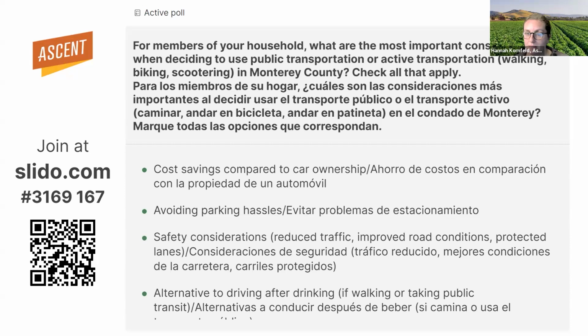I'm not sure why I'm not seeing the results coming in. It does say that it's active. I'm looking at the number of folks that have participated, but we're having a slight technical challenge here. Yeah, my Slido says it was sent, but it's not showing results either.